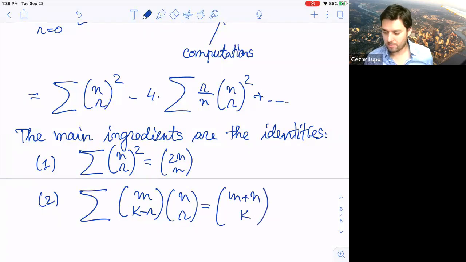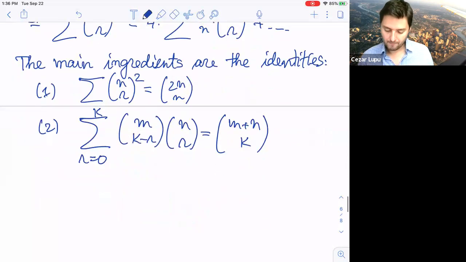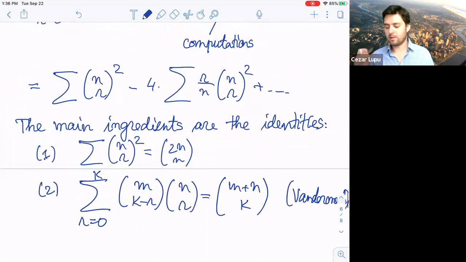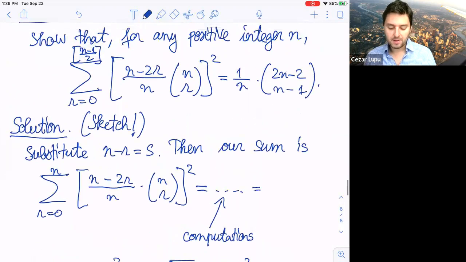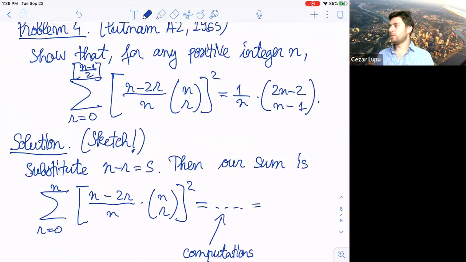And here we sum up from r equals 0 to k, right? This is the Vandermonde identity. And you use these two identities, and at some point you can compute this. Anyway, it will give you this. I'm not going to go into the details with this problem. I'm going to leave it to you.